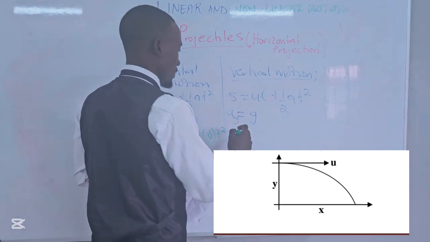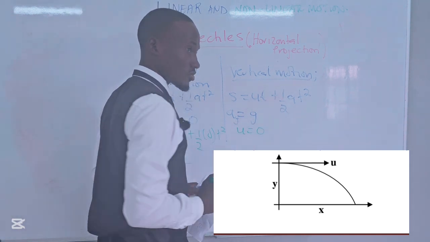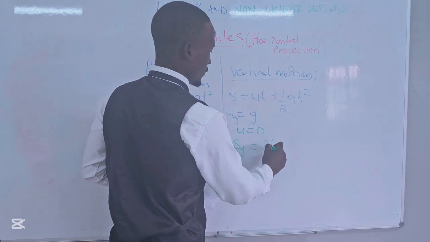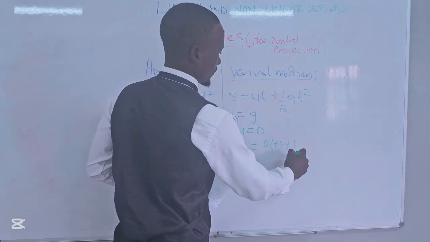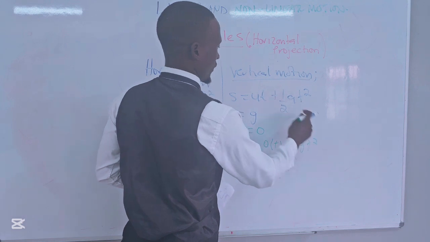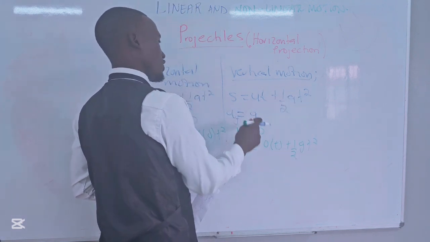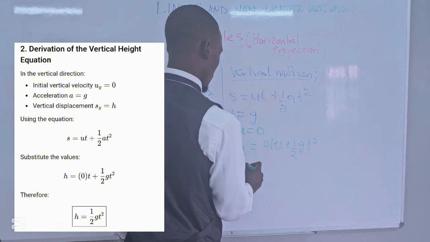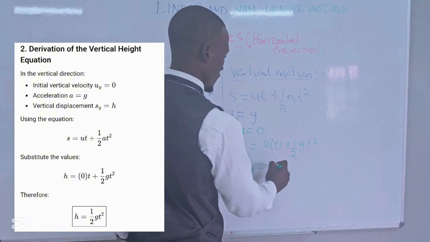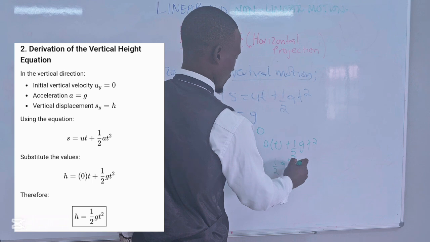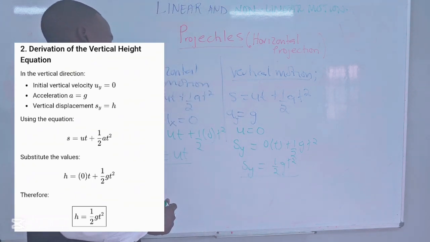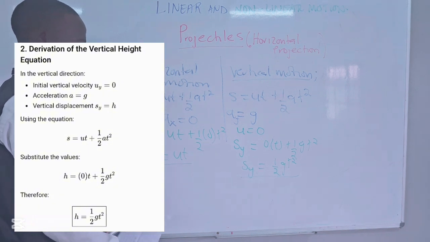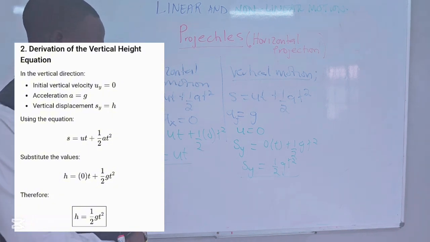So the initial velocity in this case will be 0, and your equation will become ut plus a half gt squared. Where there is acceleration, we put g. Where there is initial velocity, we put 0. Therefore the displacement in the vertical will become a half gt squared, and the displacement in the horizontal will become ut.